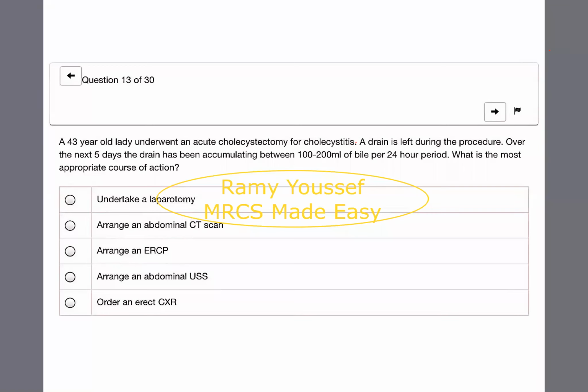Undertake laparotomy, arrange an abdominal CT scan, arrange an ERCP, arrange an abdominal ultrasound, or order an erect X-ray, chest X-ray. Actually, I have two options: either abdominal ultrasound or arrange an ERCP.